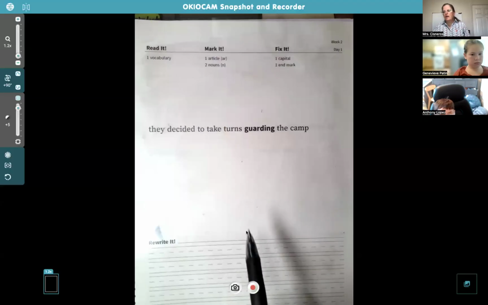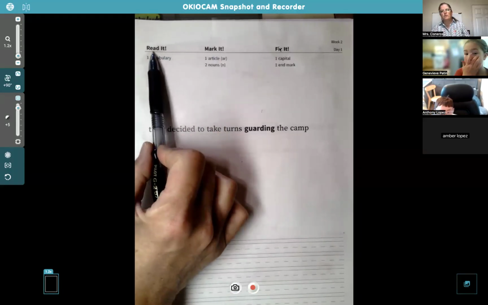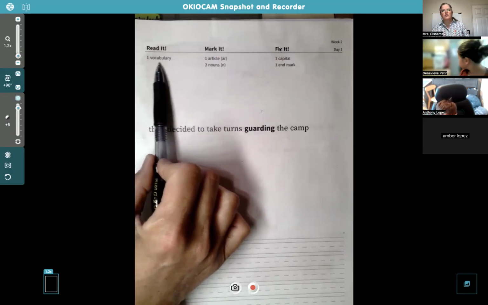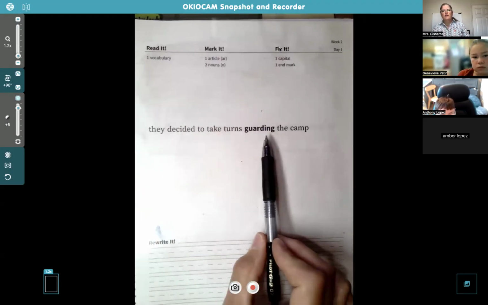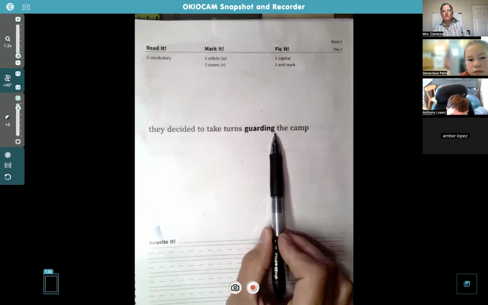All right, so how about Anthony, go ahead and read the sentence. They decided to take turns guarding the camp. Good. That's the first step, reading it, and then we check that vocabulary word. The vocabulary word is guarding. So, Genevieve, what does guarding mean?